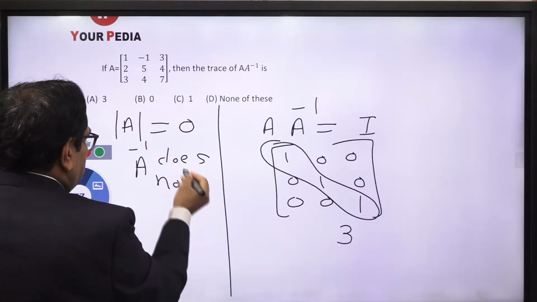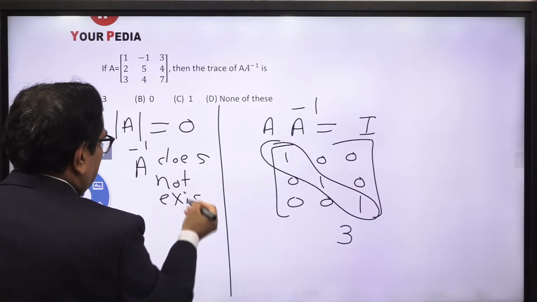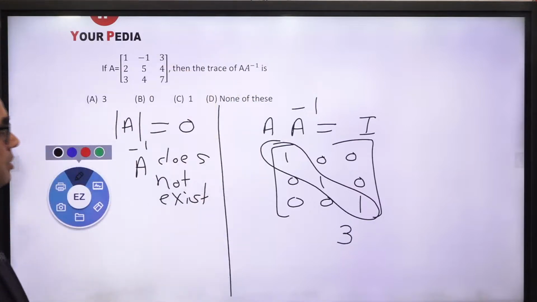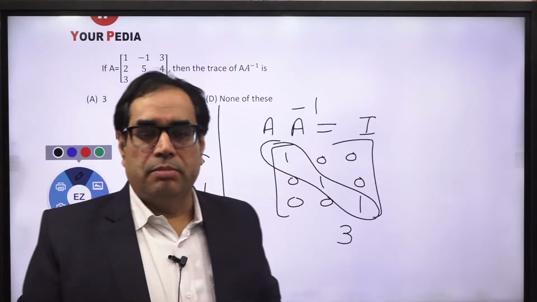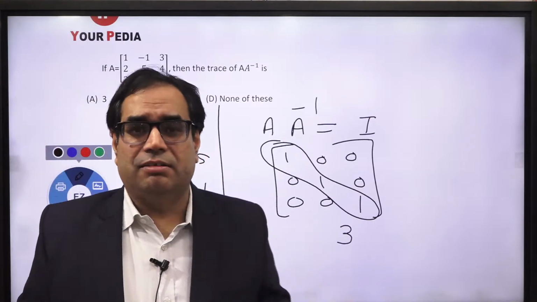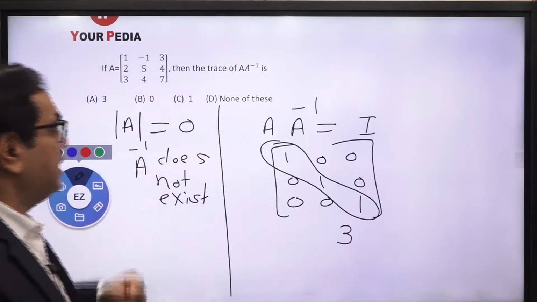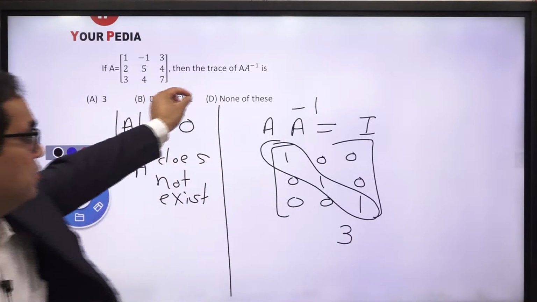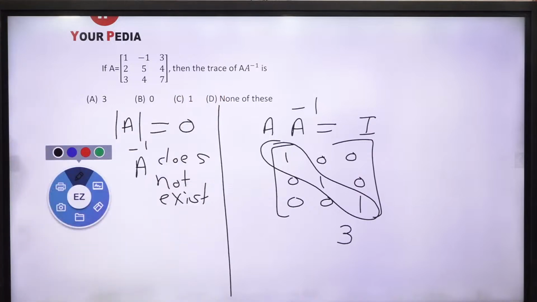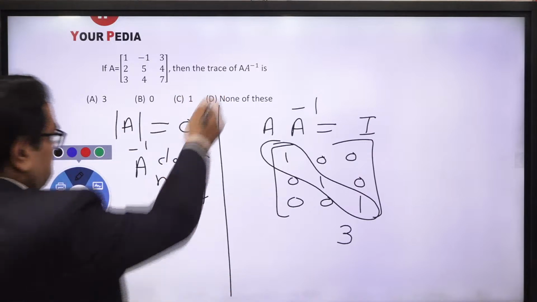If A inverse does not exist, then how can you compute this product? It is not possible to compute A into A inverse because A inverse is not there, right? So what will be the answer now? Which option should you tick in the exam? So option D you should tick in the exam in this case because we cannot compute this.